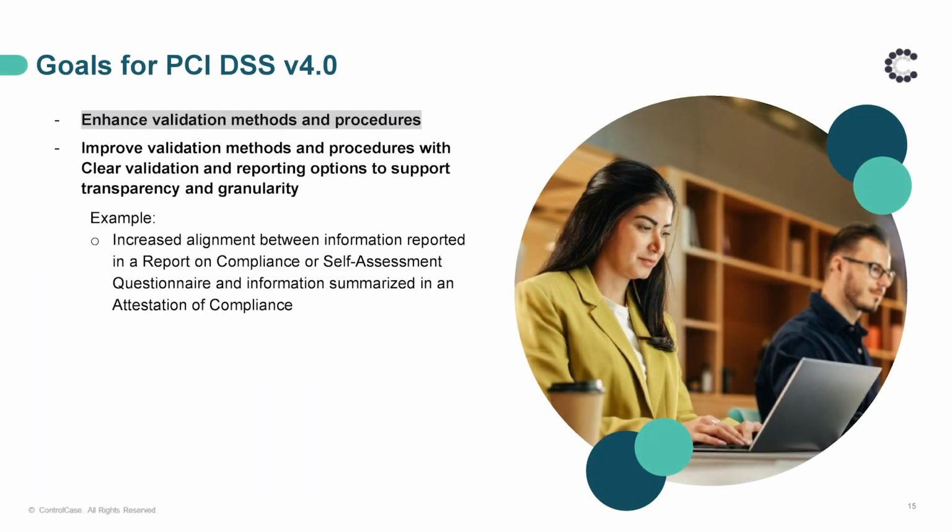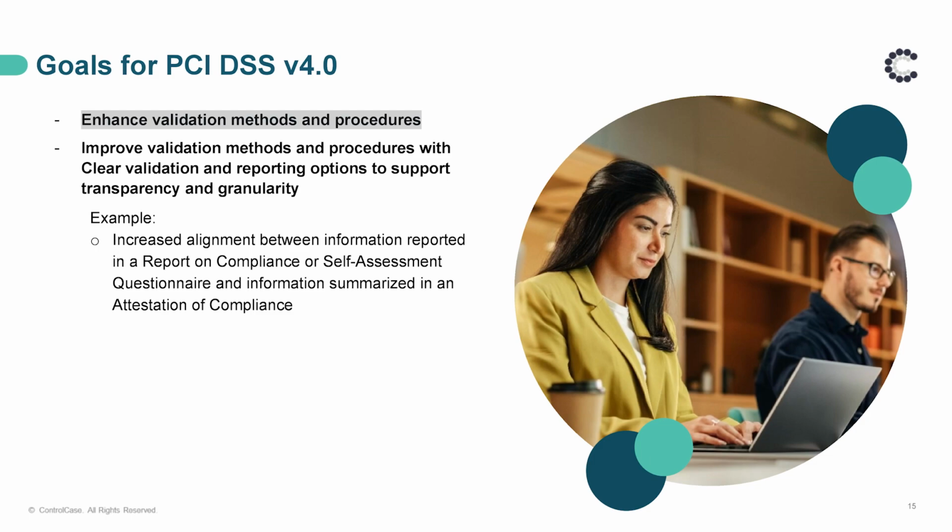Moving on to the next goal, which is the fourth and final goal: enhance validation methods and procedures, with clear validation and reporting options to support transparency and granularity. In this, the example is where they have increased the alignment between the information reported in the report on compliance or the ROC and self-assessment questionnaire, and the information summarized in the attestation of compliance, right?